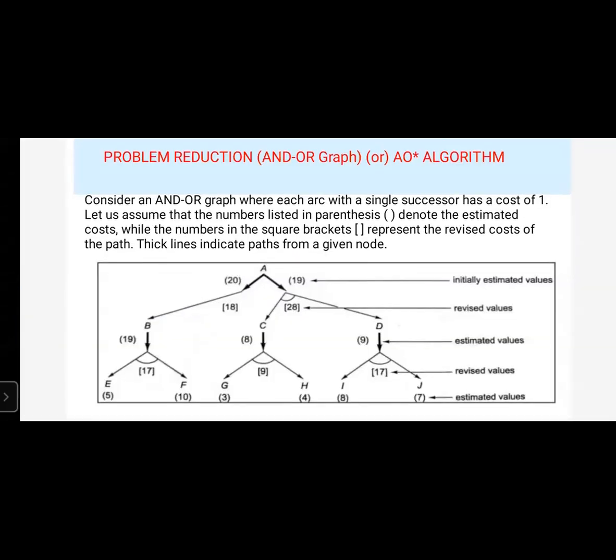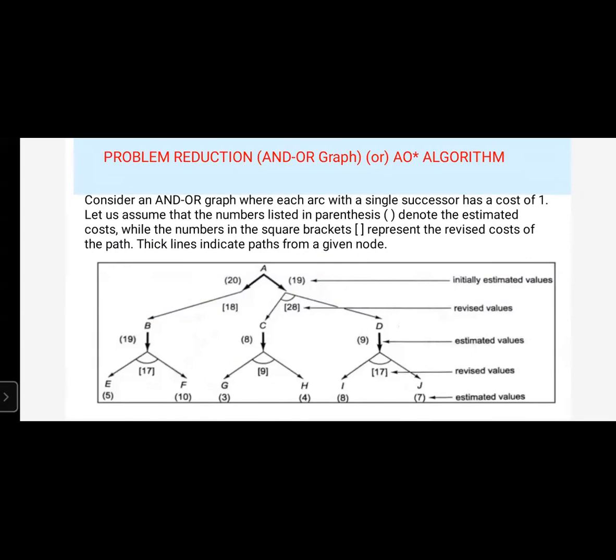Now let us see another example. So consider an AND-OR graph where each arc with a single successor has a cost of 1. So each and every successor of a particular node has a cost 1.